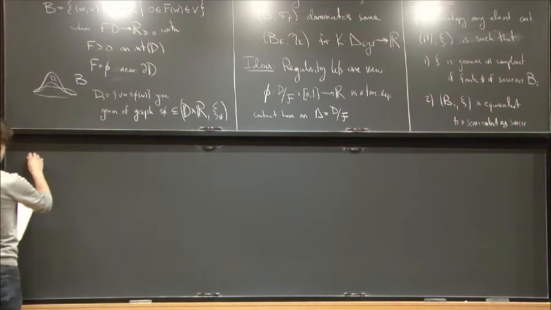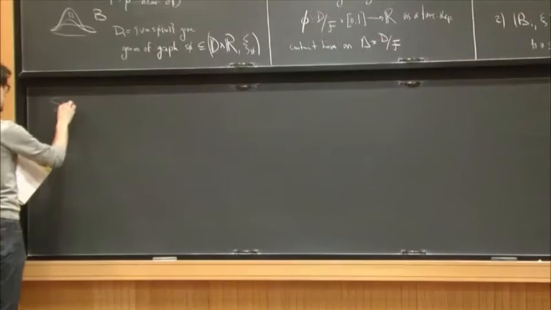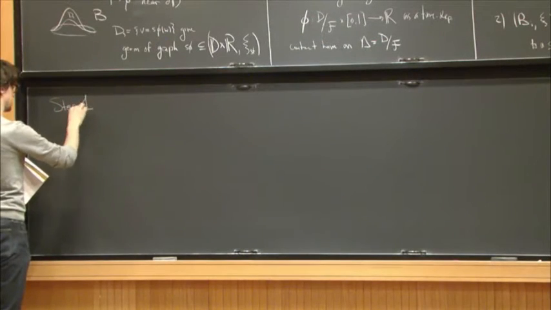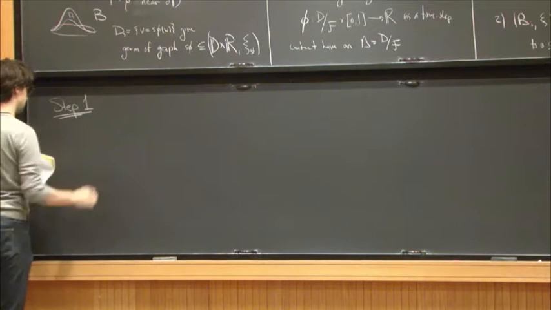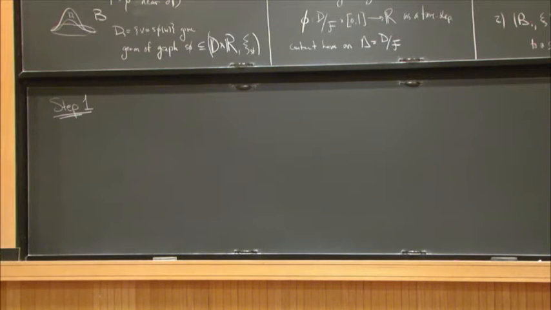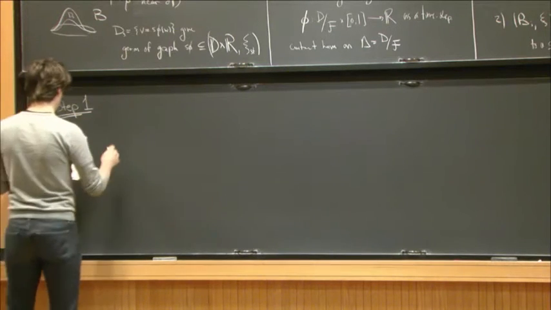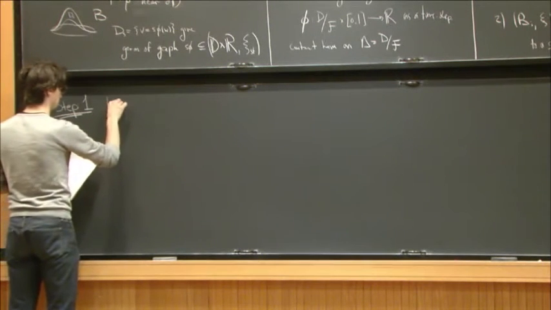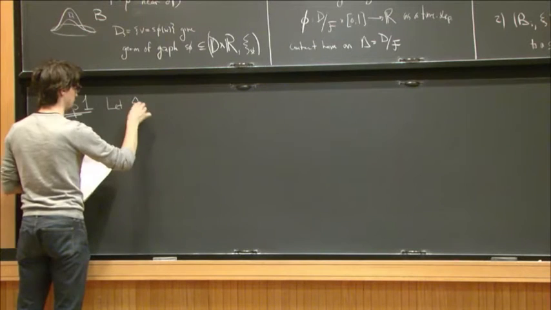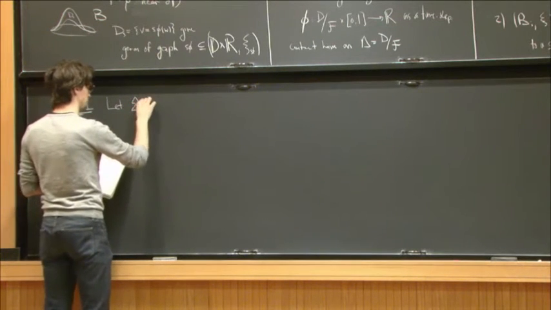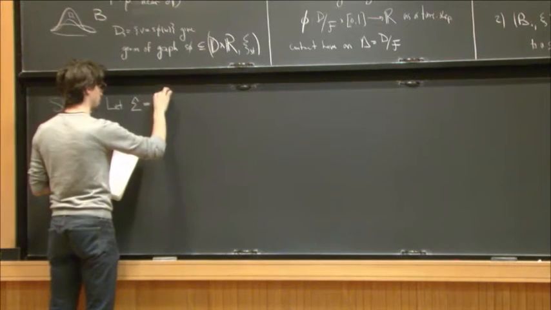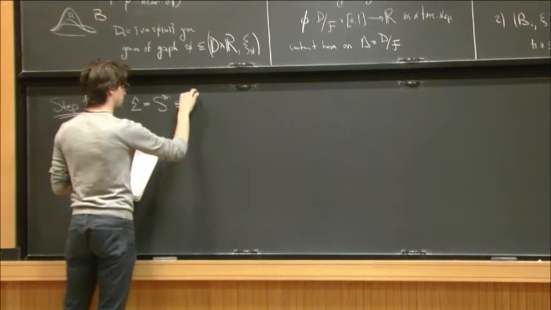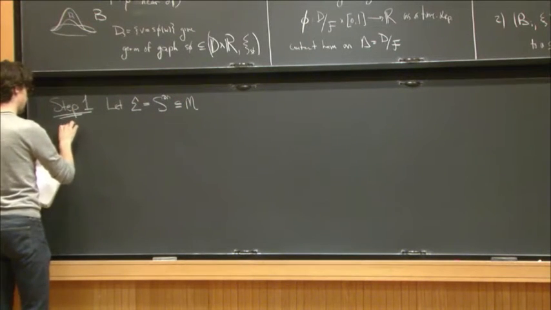Okay, so step 1. This is what I sketched last time. Let sigma be an S^2n subset of M embedded.